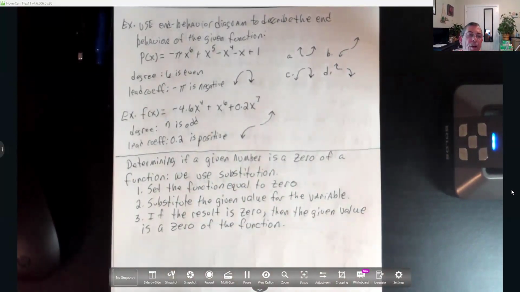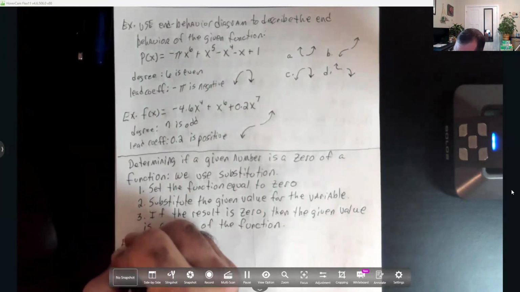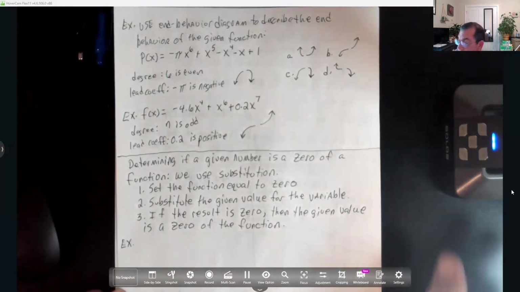If you get any other number when you plug it in and it's not zero, then that means the given number is not a zero, okay? So set it equal to zero, plug in for that number, and determine whether it is a zero or not.